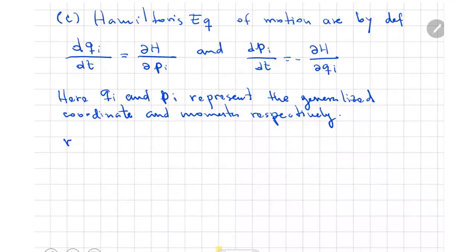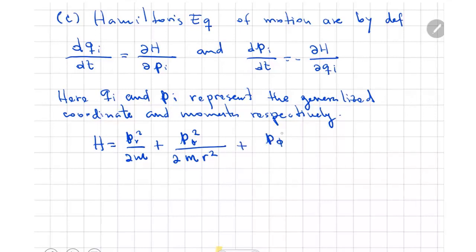Before that we have to remember that the Hamiltonian is p_r squared divided by 2m, plus p_theta squared divided by 2m r squared, plus p_phi squared divided by 2m r squared sine squared of theta, plus the potential V(r).